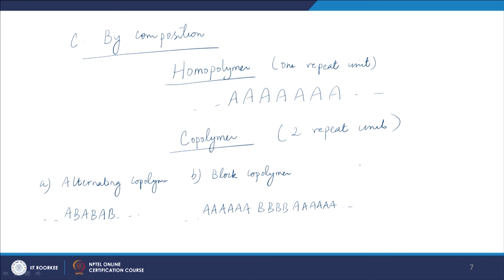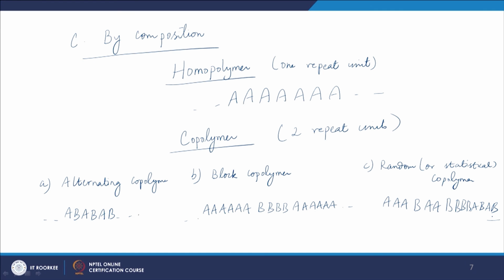And then we can have what is known as a random or statistical copolymer, which is like there is no particular order. So, it is not an alternating one or a block one. It can be, for example, 2, 3 A's, then 1 B, then maybe 2 A's, then maybe 4 B's. There is no particular order in how they are arranged together. It's really statistical. It is not following any kind of rule.